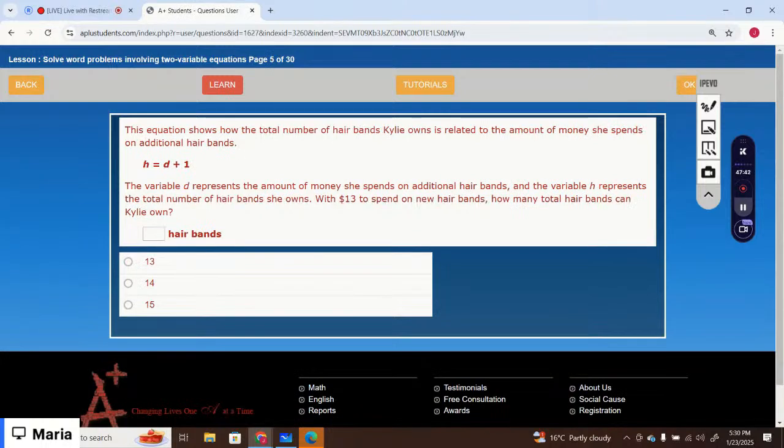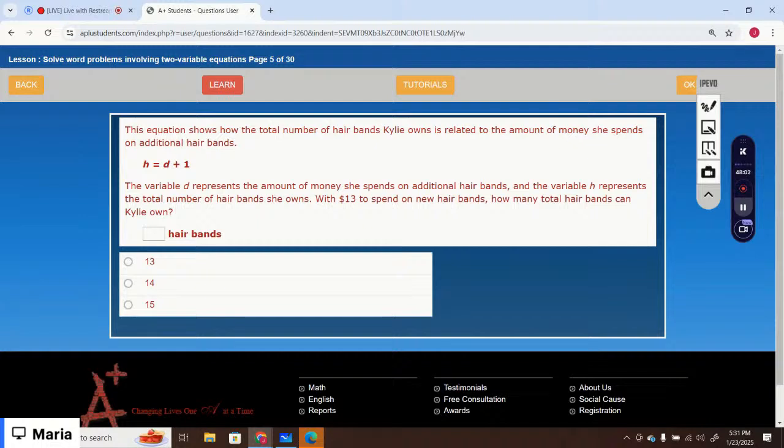The equation shows how the total number of hair bands Kelly owns is related to the amount of money she spends on additional hairbands. H equals D plus 1. The variable D represents the amount of money she spent on additional hairbands, and the variable H represents the number of hairbands she owns.